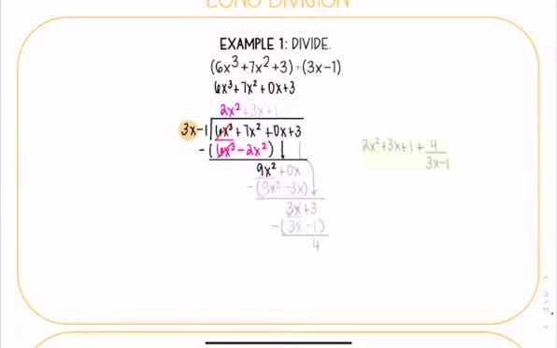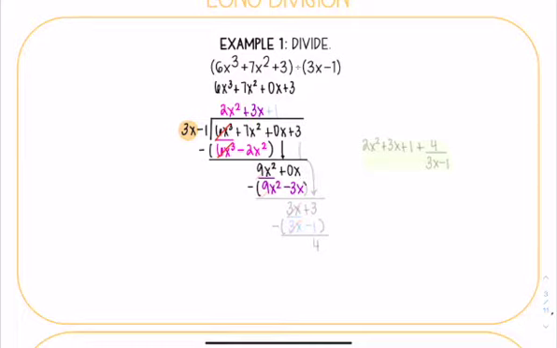Now that we've finished this off, we want to bring down the next term in the polynomial, which is that 0x. And we start the process all over again. It's very repetitive. So 3x times what would give me 9x squared? Well, 3x would. 3x times 3x gives me 9x squared, and negative 1 times 3x is negative 3x.